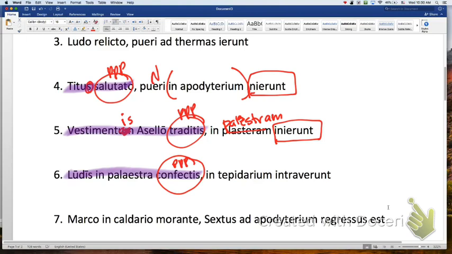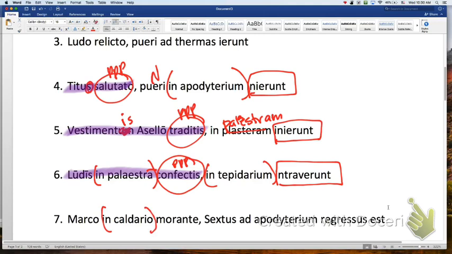Ended? I think it's like with the games. I think that could also mean games, right? Yeah. So with the games having been finished in the exercise room, they entered into the warm room. Excellent. The hot room or the cold room? Just the warm room, because caldarium is the hot room.